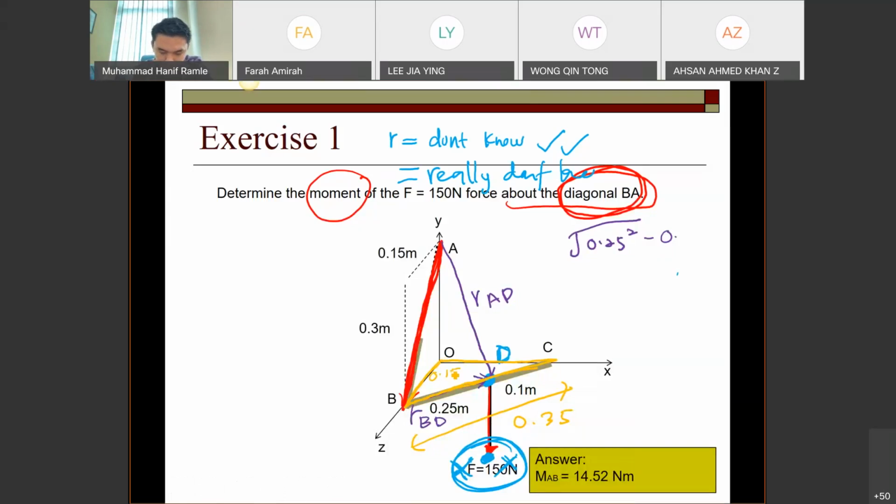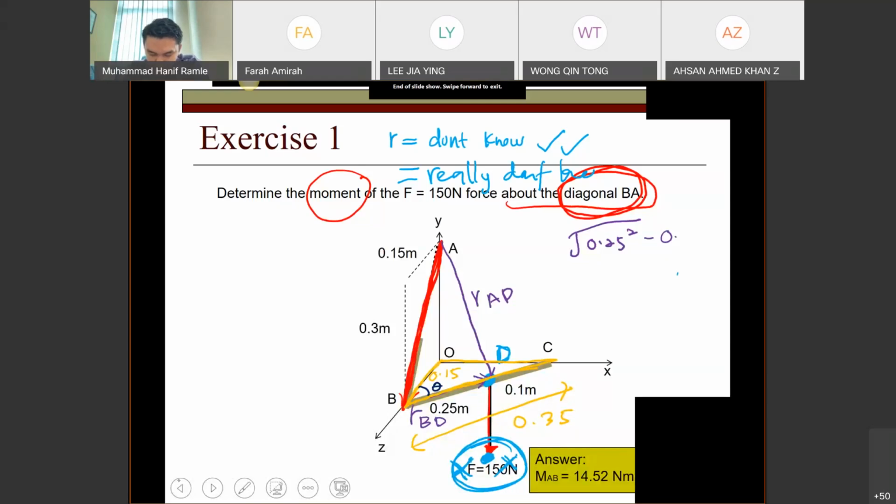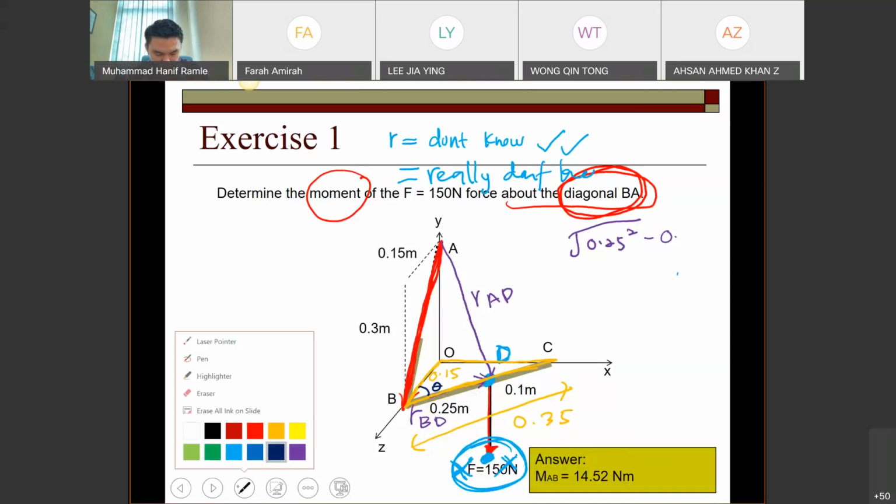Okay, so the angle that the student said just now, this angle theta. I'll give you an idea first why we have to determine theta, because later on theta will be useful to determine this line.